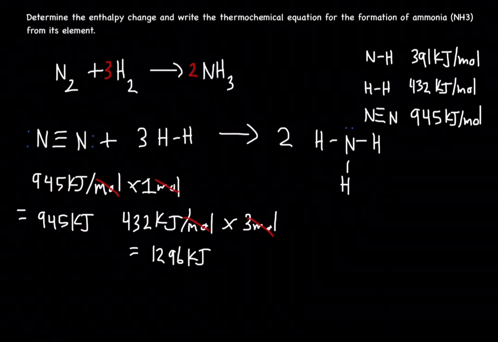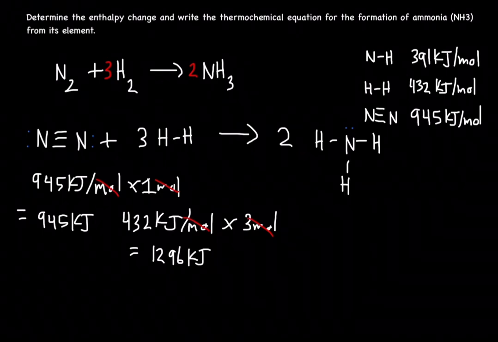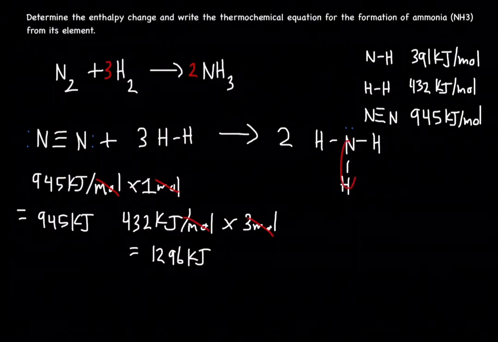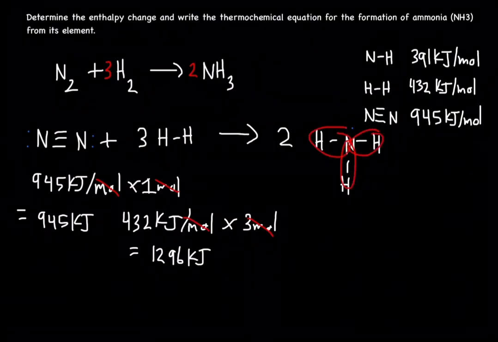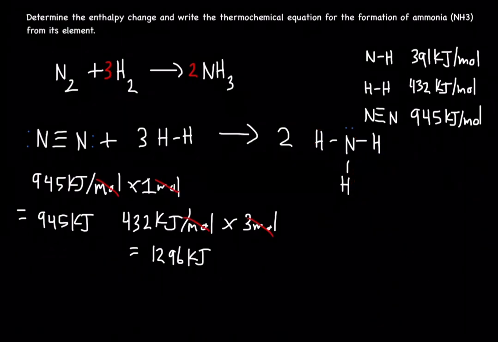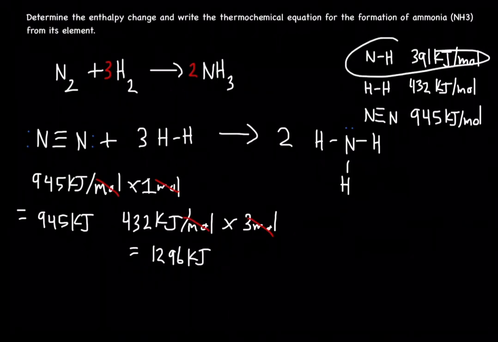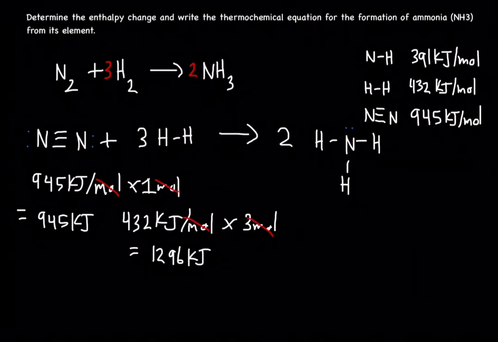Now for ammonia, we have an NH bond here, and an NH bond here, and an NH bond here. And we also have 2 mole of ammonia. So it's basically just 3 times 2, which is 6. And the bond energy for NH is 391 kilojoule per mole.